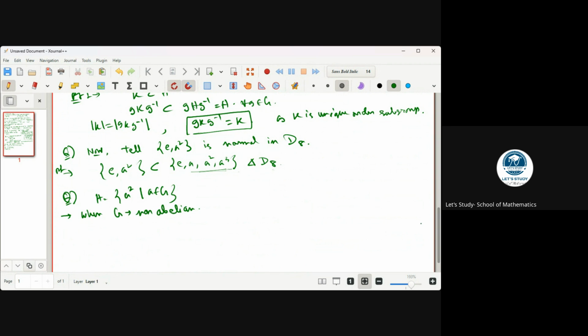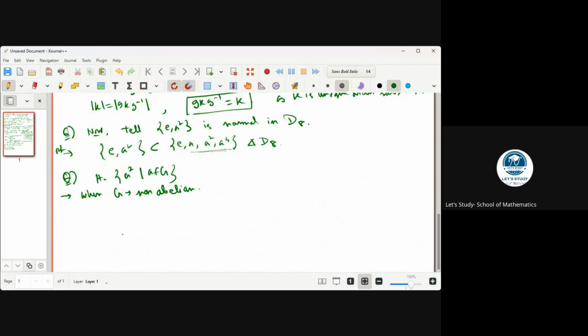We have already observed, or I have already said to verify that for G equals S3, S4, S5, H will be equal to A3, A4, A5. Just check. This is homework.